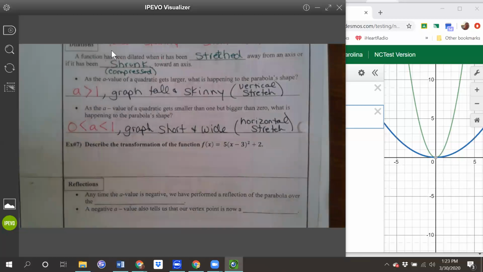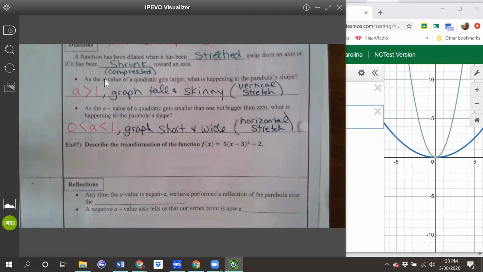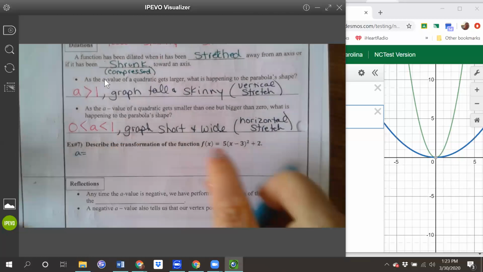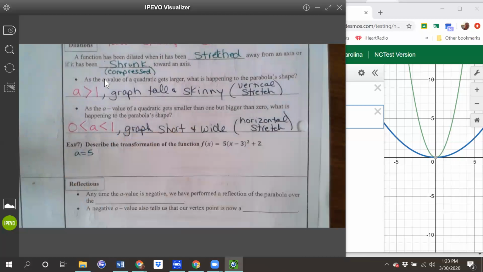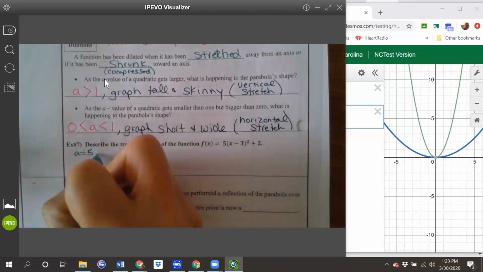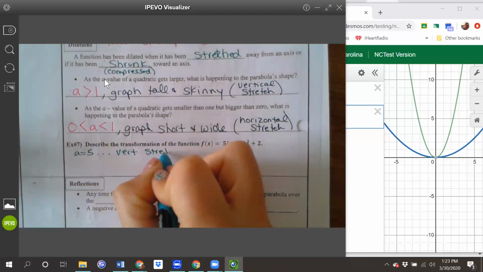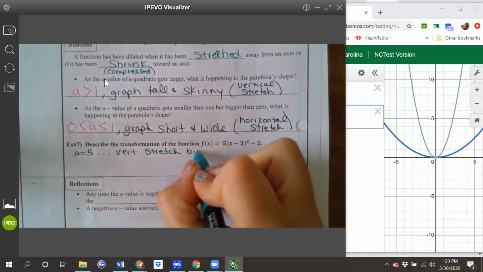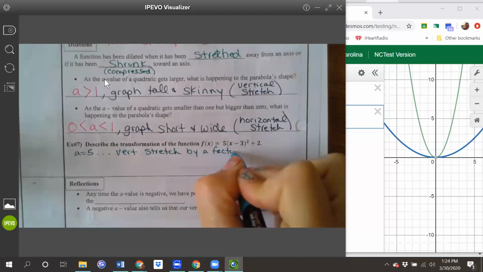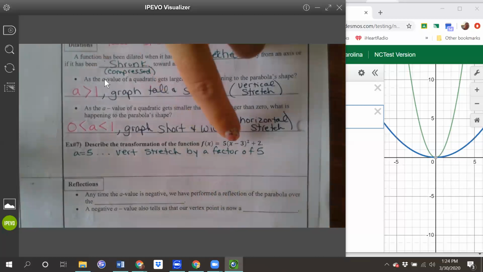All right, number 7 says, describe the transformation of this. So I'm just going to go in order as I see it. The first thing I see is the A value, which is 5. 5 is a bigger number than 1, so that means that we are going to get a vertical stretch by a factor of 5. And then I'm going to go to this.